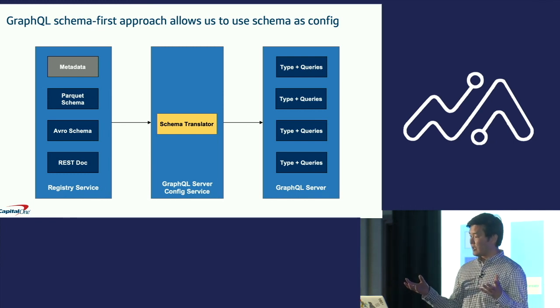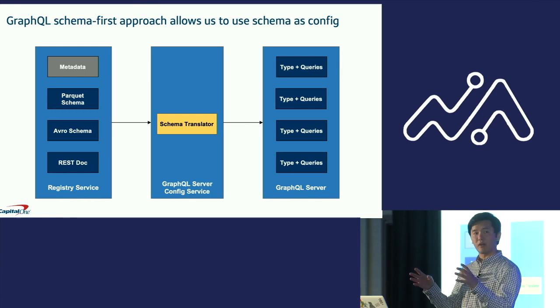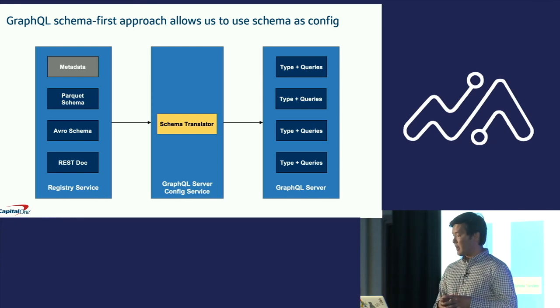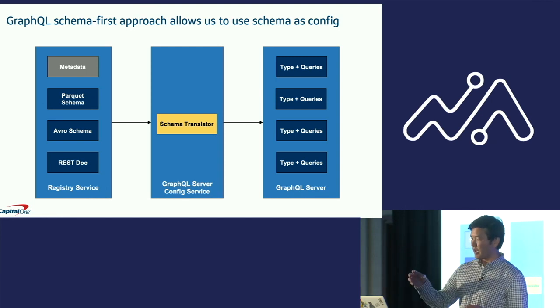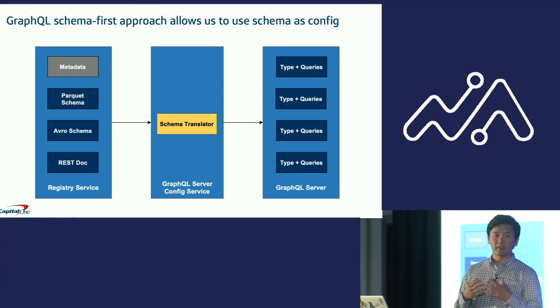And essentially from there, we can take that schema part and put it into something like a relational database. What we can then do is, in our implementation, we have a configuration service that is essentially the brain of our gateway.